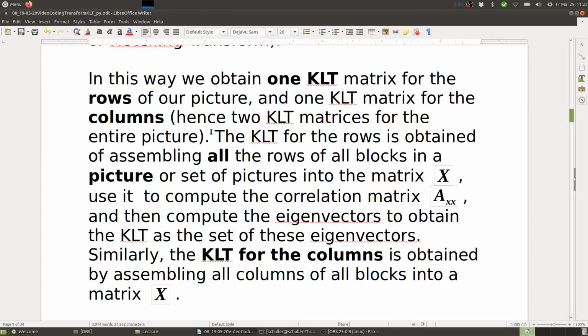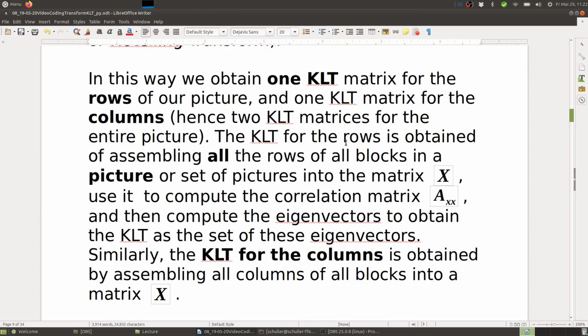This is good if we have a separable signal, but images are usually not separable signals. So that's another reason why the KLT might not be the optimum for images. But in any case, we have a neat solution which we can apply now. We need one KLT for the rows and one for the columns.